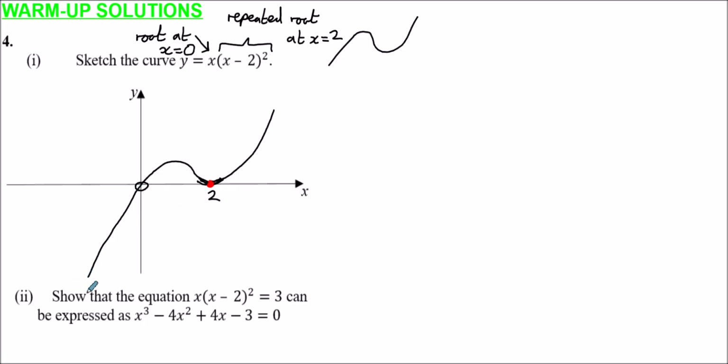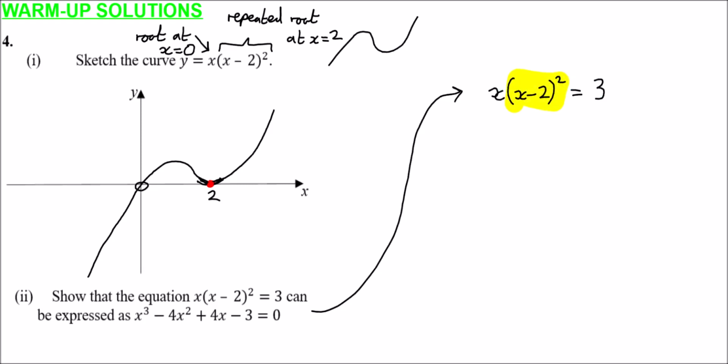For part 2, show that the equation x(x − 2)² = 3 can be expressed like so. So what we're going to do here is just expand this out first of all. The first thing I'm going to do is expand out (x − 2)². So we're going to get x squared.